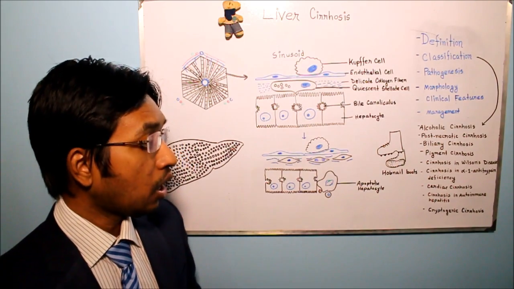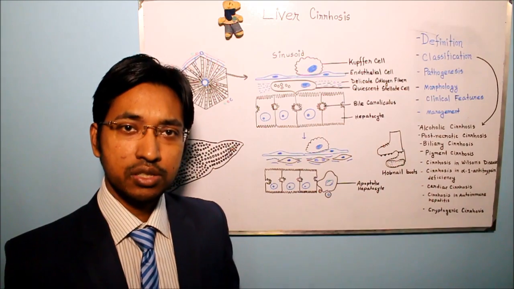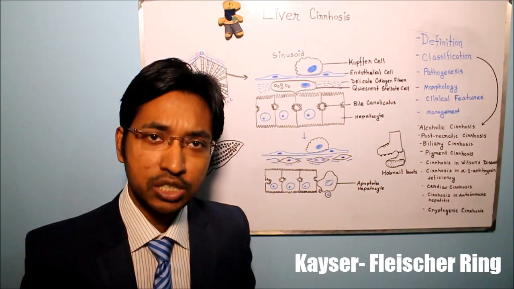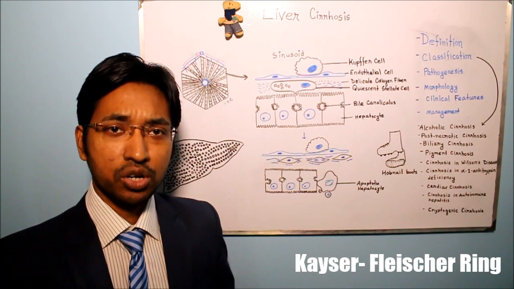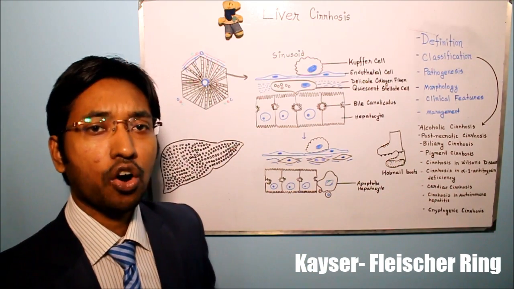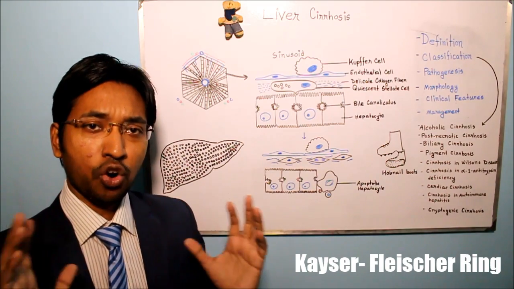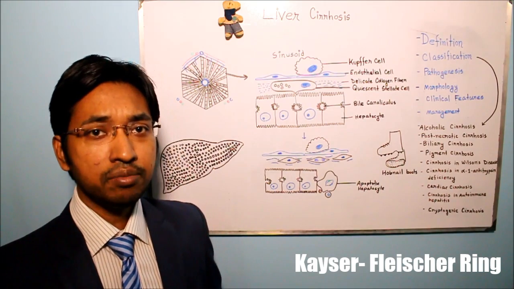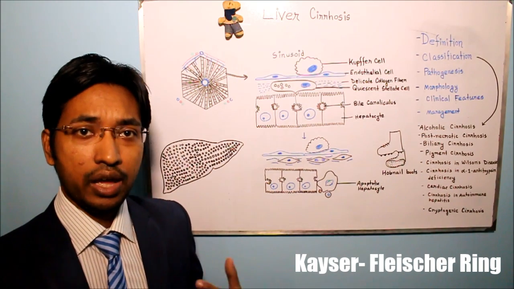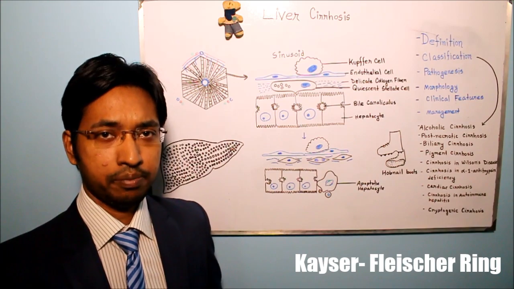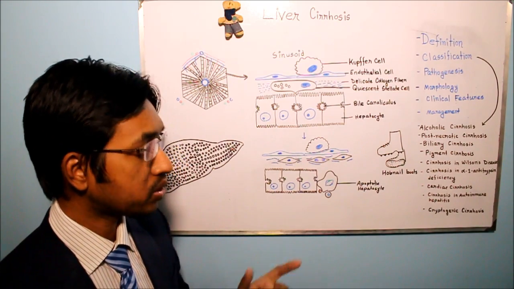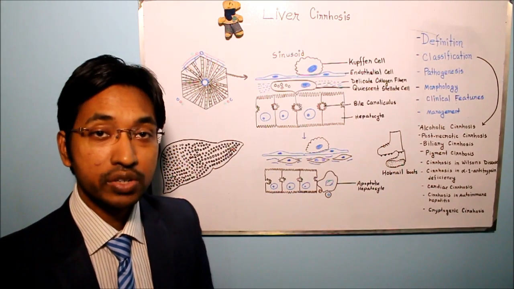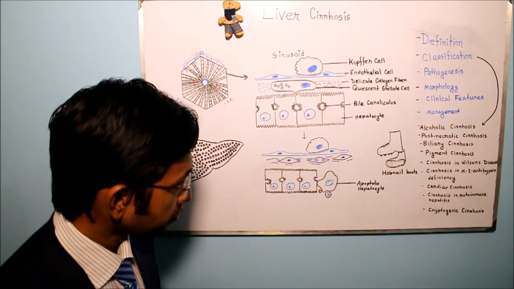In the eyes of a patient with Wilson's disease, there will be greenish brown pigmentation around the periphery of the cornea, and it will form a ring, and that is called the Kaiser-Fleischer ring, and that is happening due to excess accumulation of copper. So that was in short about Wilson's disease, and as we are seeing here, liver cirrhosis may also occur in Wilson's disease.